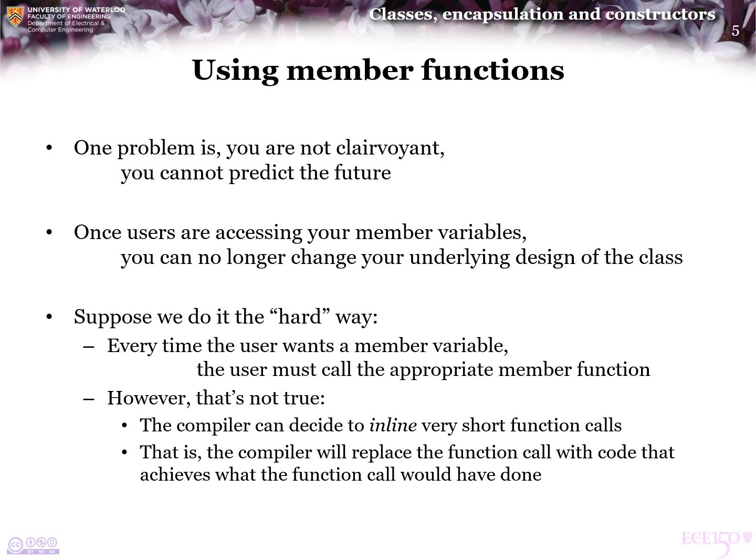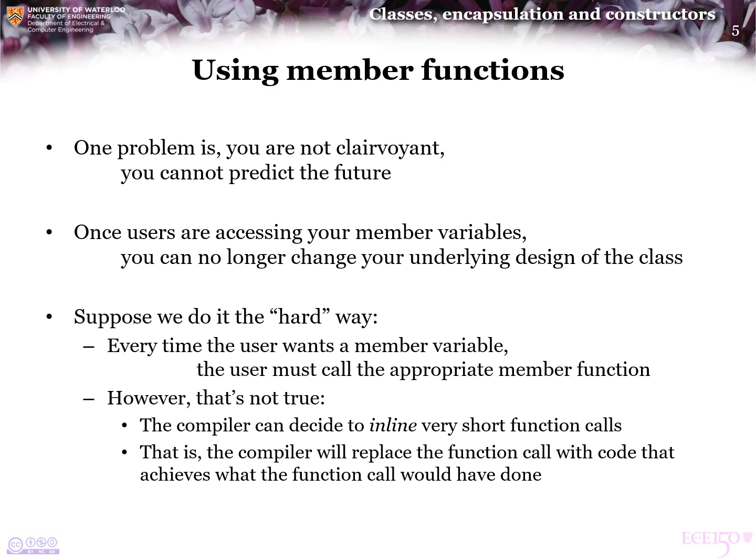Compilers these days are very good at optimizing code. Specifically, one thing compilers can do is look at a very short function and notice that it may actually be easier to remove the function call and instead replace it with code that achieves exactly what that function call would have done in its place.